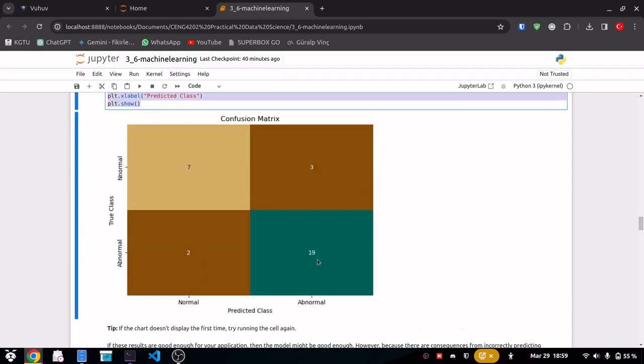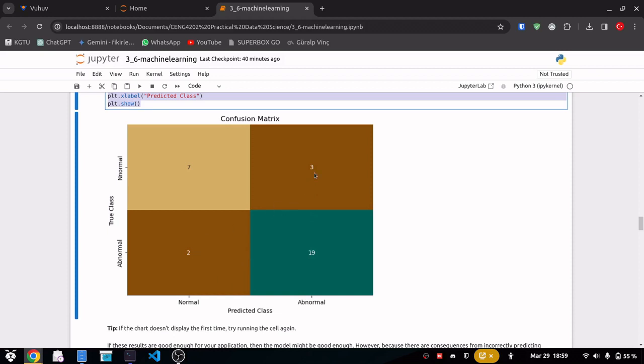So in here, as you can see, we have predicted classes and true classes. The 8 is the true negative, and 19 is the true positive, and we have 3 and 2 as false values.